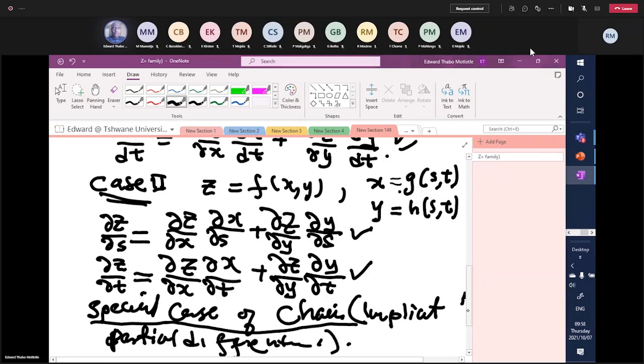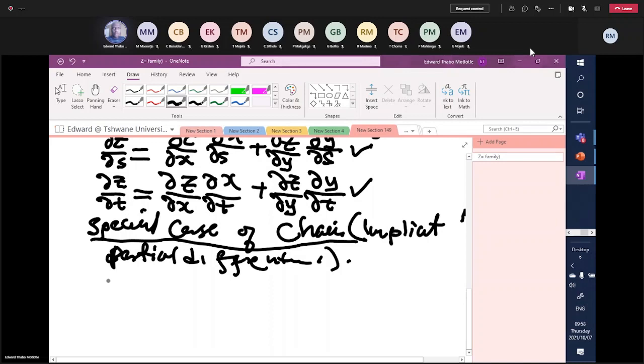I think I'll just write it here to save space. So you are given z equals f, a function of x and y. In this case, y is a function of x.